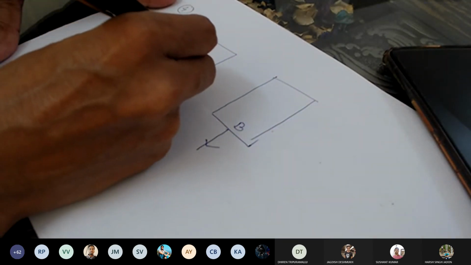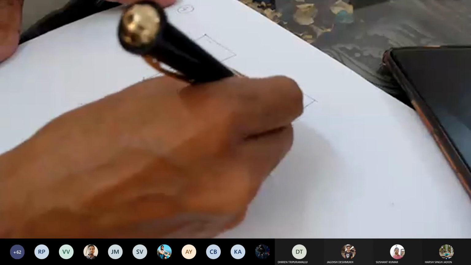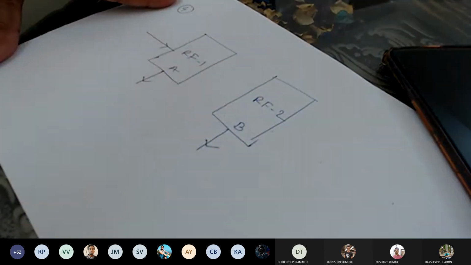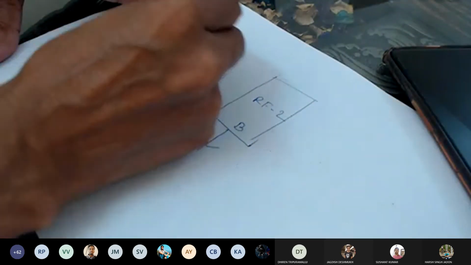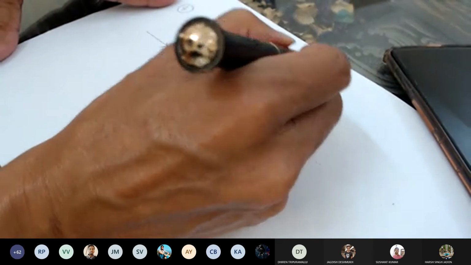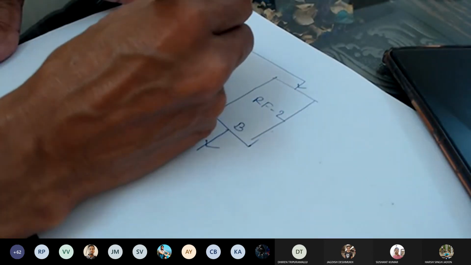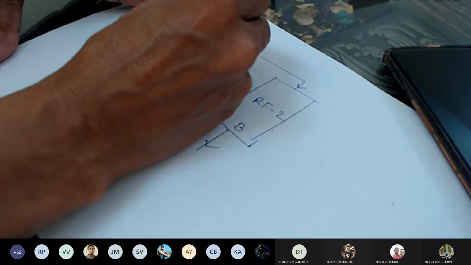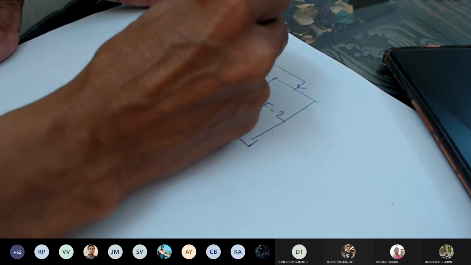This is RF1, this is RF2. Sometimes this implementation is also preferred because the handling will be easy.